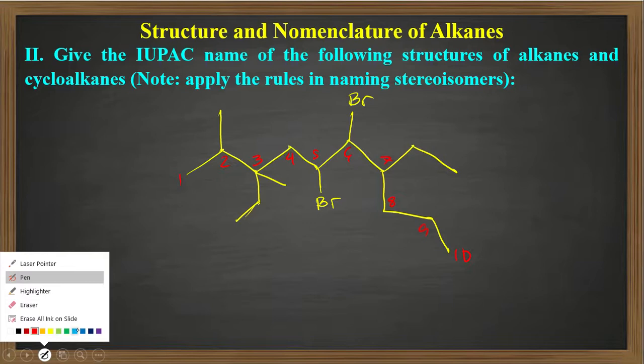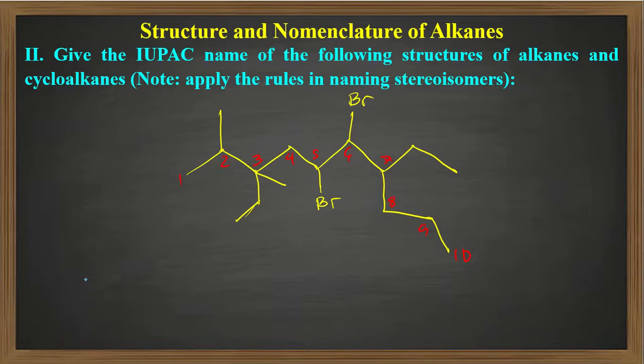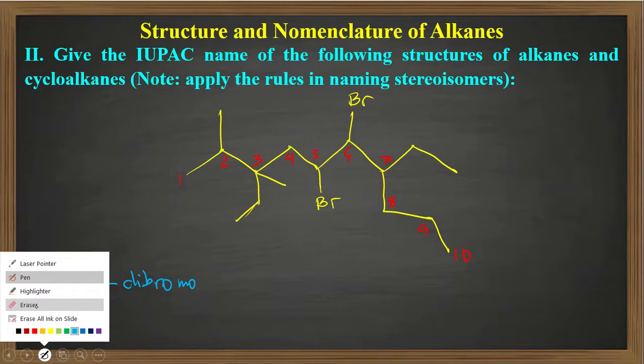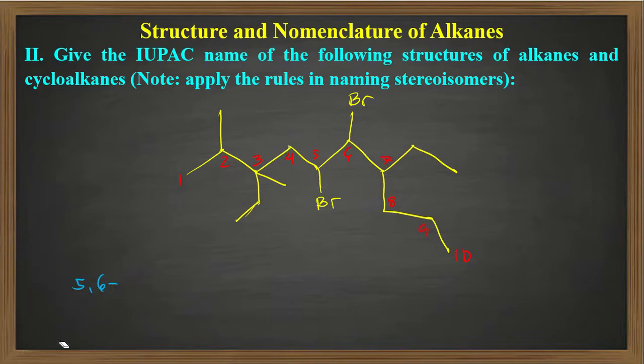So the name for this compound will be 5,6-dibromo because meron tayong dalawang bromine atoms. Okay? 5,6-dibromo. Let me erase that one. Alright? And then, ethyl comes before methyl man.